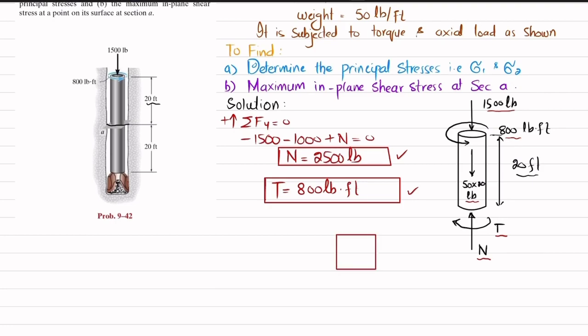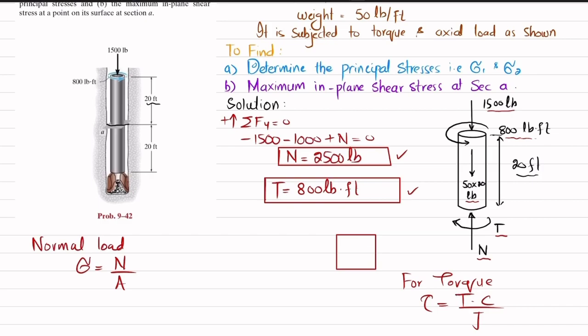Due to this normal load, we have a normal stress, and due to this torque, we have a shear stress. For normal load, we have normal stress which is equal to this load N divided by A, and for torque we have shear stress which is equal to T into C divided by J, where T is torque, C is the radius, and J is the polar moment of inertia.